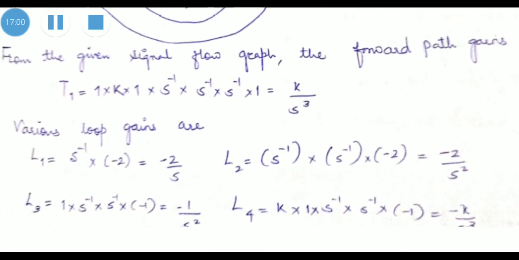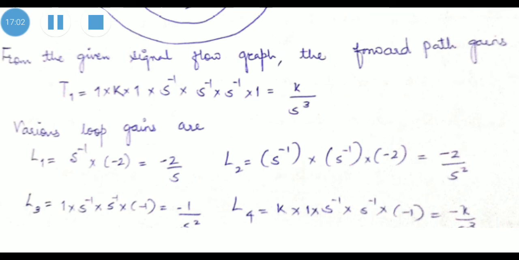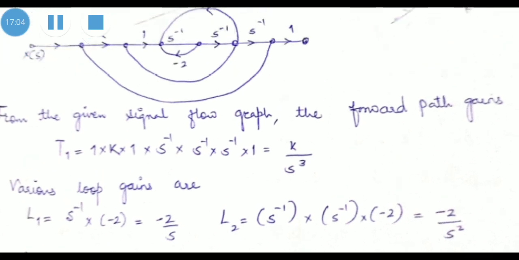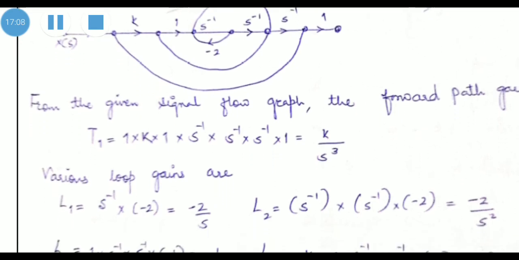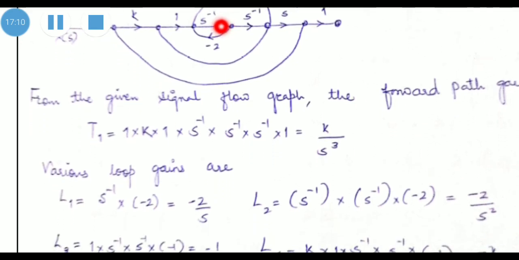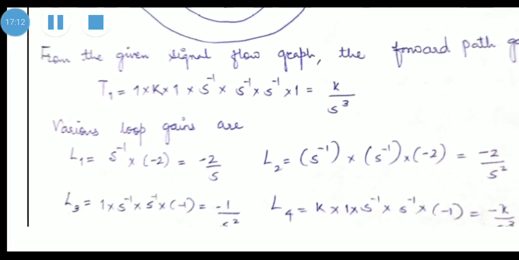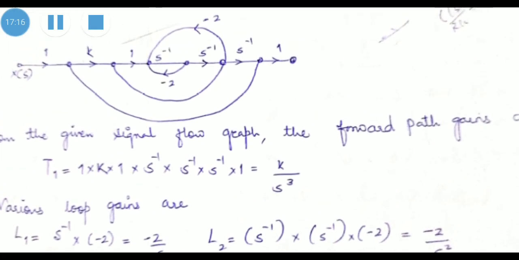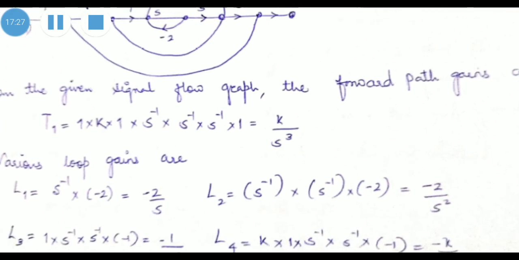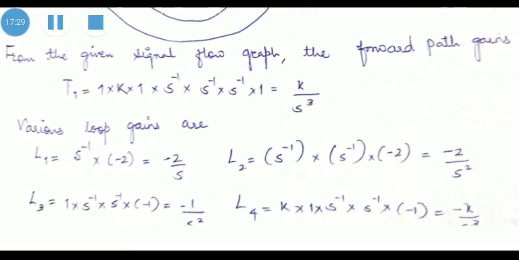We'll write the gains. L1 is s raised to minus 1 into minus 2. This is one loop, so it is minus 2 by s. L2, one more loop, is s raised to minus 1 into s raised to minus 1 into minus 2, which is minus 2 by s square.